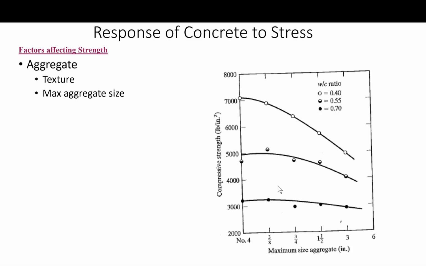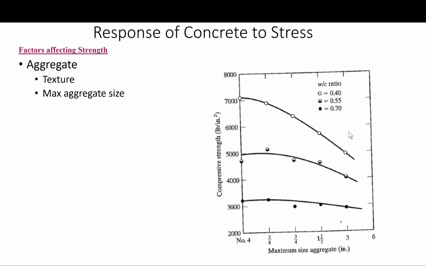So the effect of the maximum aggregate size on the strength of the concrete at 3 water cement ratios is shown here in this figure. Okay, for the mixes shown in the figure here, concrete workability increases as coarse aggregate size is increased.